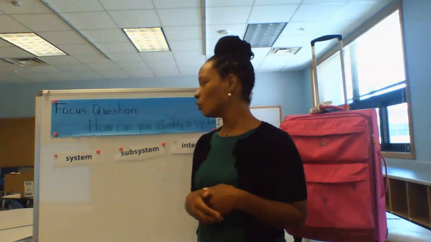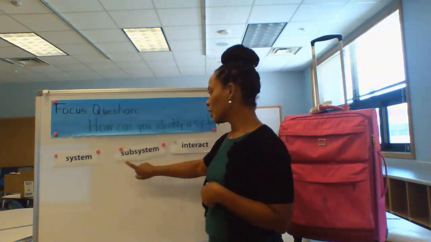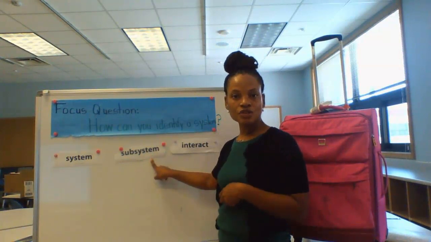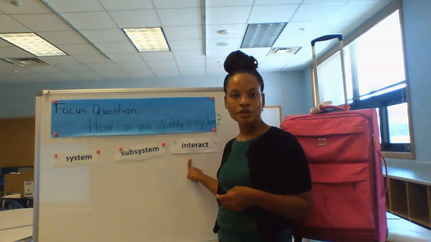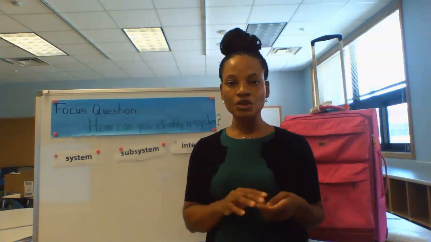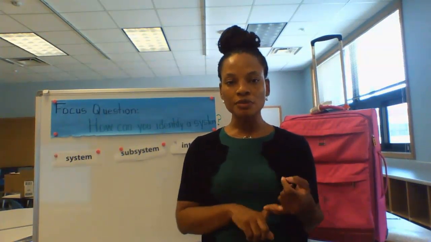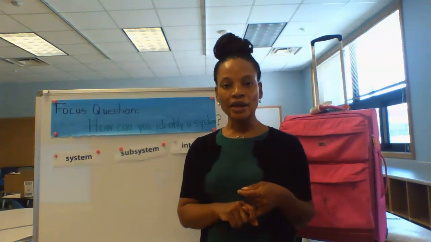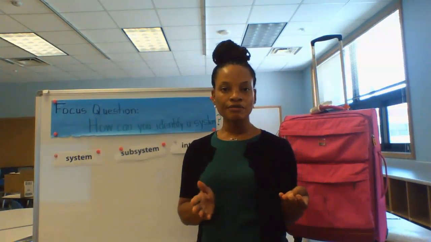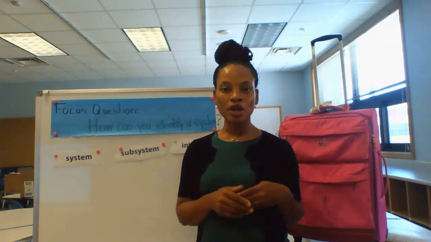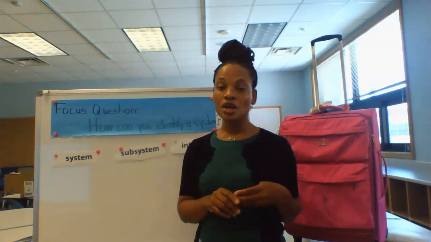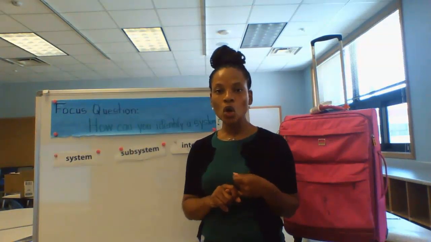So we know we have a system, we have our subsystem because there are several subsystems within our larger system, and the system has several interacting parts. So as a scientist, you're going to identify those subsystems within a railroad, and you're going to figure out how those subsystems help the railroad perform its duties of maybe transporting people or goods.